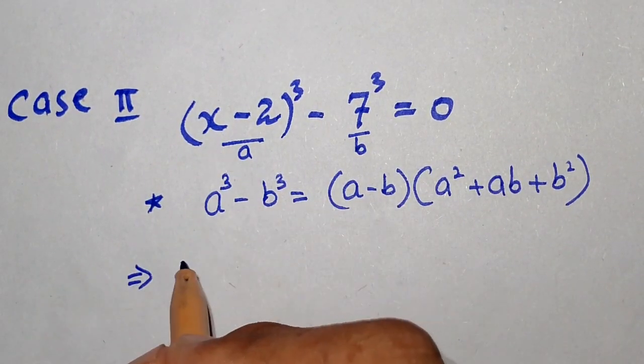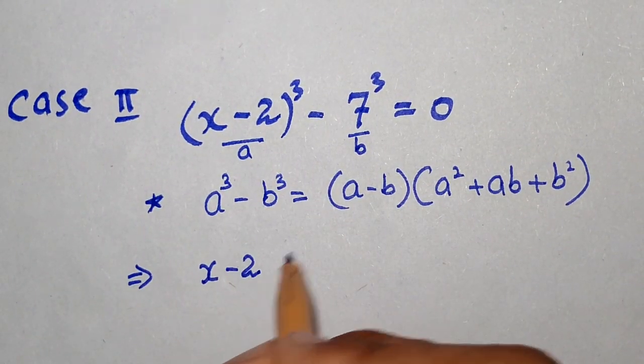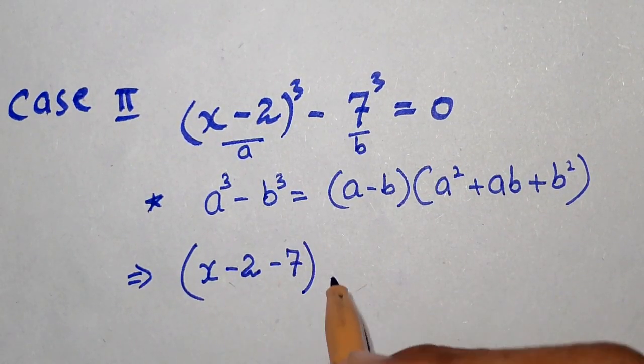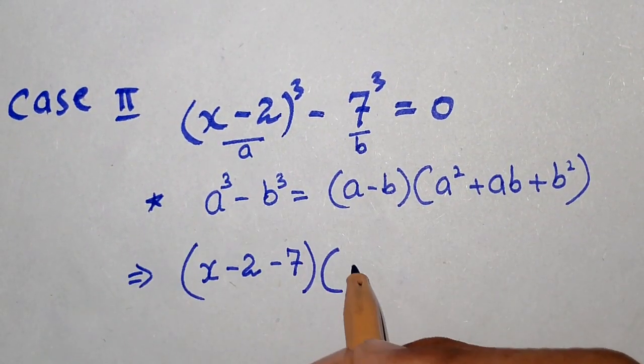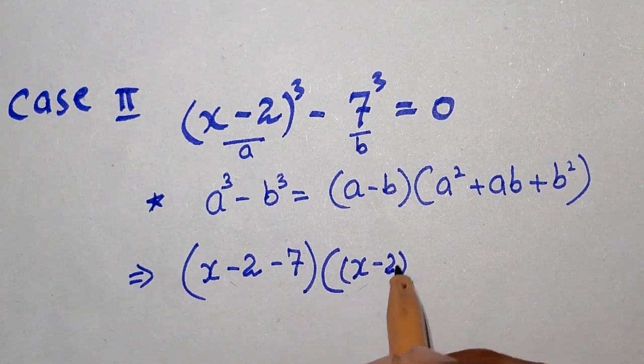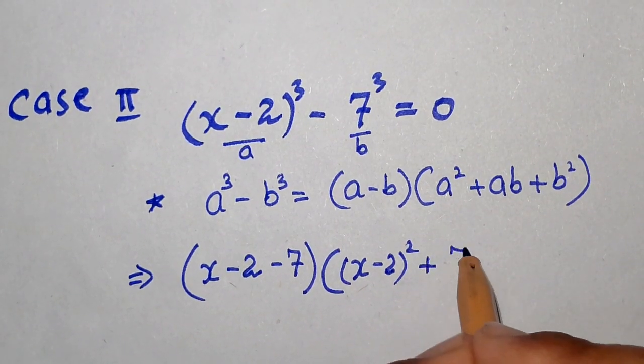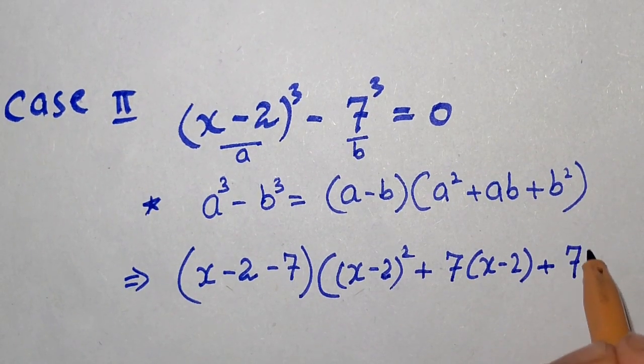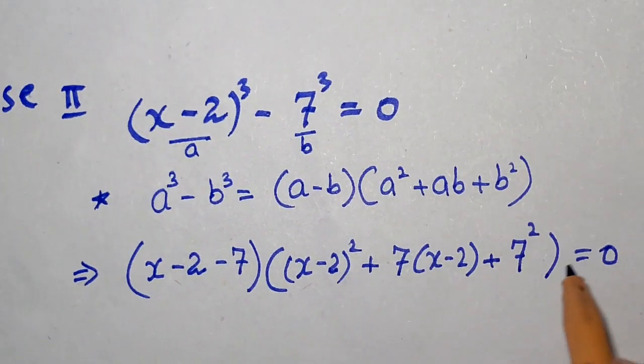A is equal to x minus 2, minus b is equal to 7, times a square is equal to x minus 2 square, plus ab, so plus 7 times x minus 2, plus b square, b is equal to 7, so 7 square, and this is equal to 0.